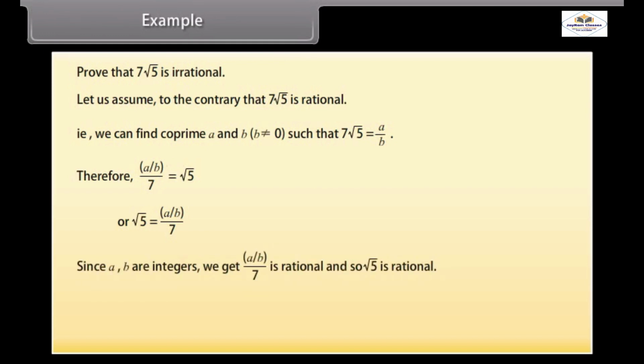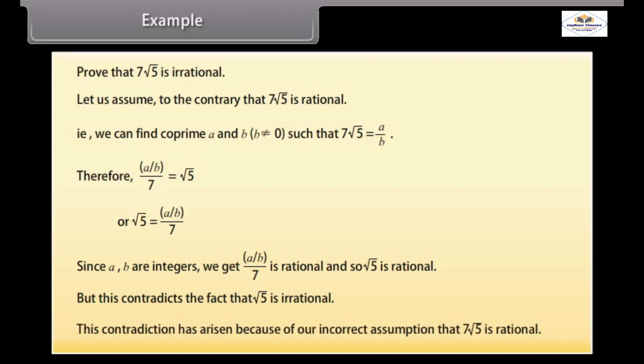Since a, b are integers, a upon 7b is rational, and so square root 5 is rational. But this contradicts the fact that square root 5 is irrational. This contradiction has arisen because of our incorrect assumption that 7 square root 5 is rational.